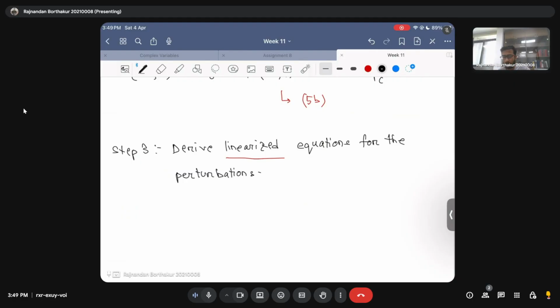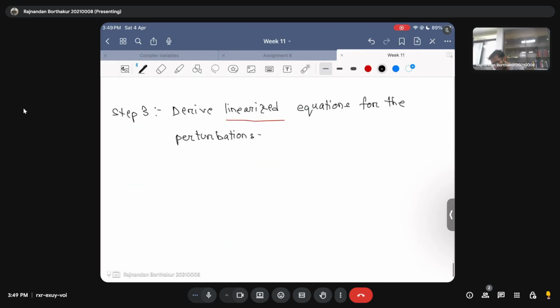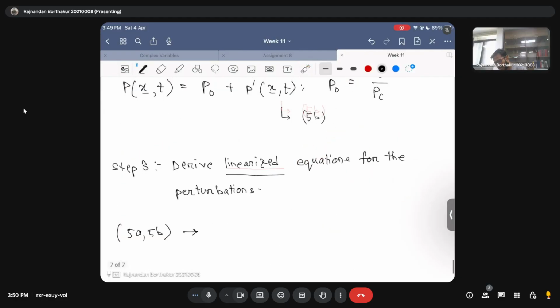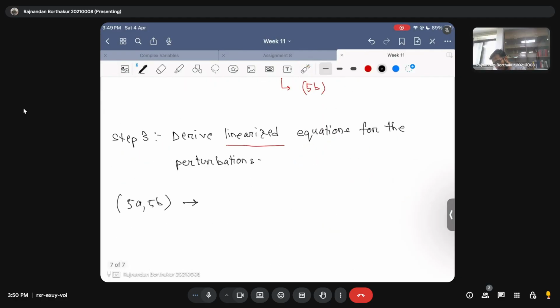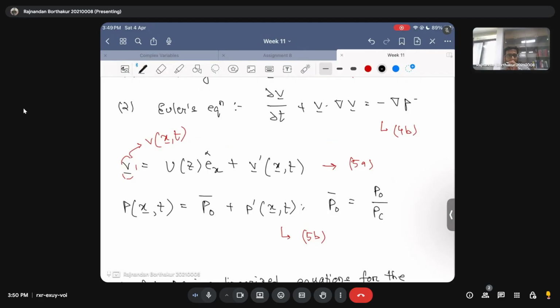Okay. For that, we will just substitute equations 5a and b into equations 4a and 4b, and then utilize the fact that the base variables already satisfy the governing equations.